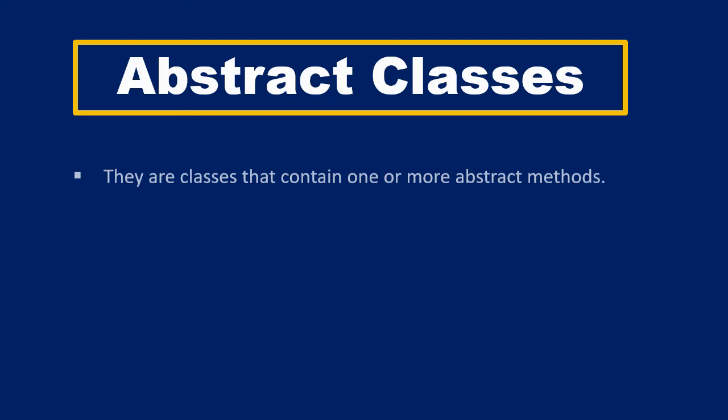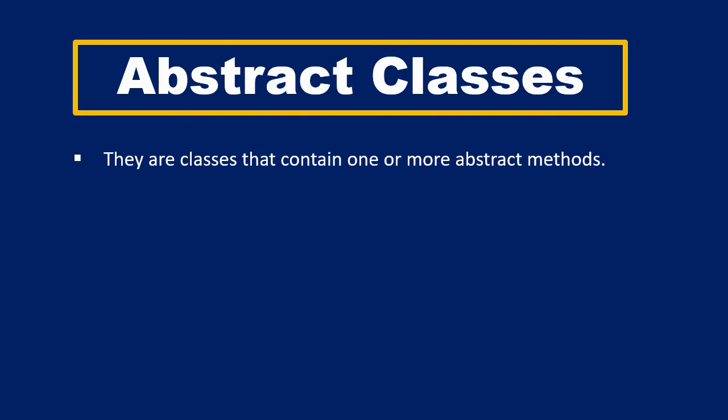What are abstract classes? Abstract classes are classes that contain one or more abstract methods. Now, abstract classes cannot be instantiated. That means you cannot create an instance object from an abstract class.